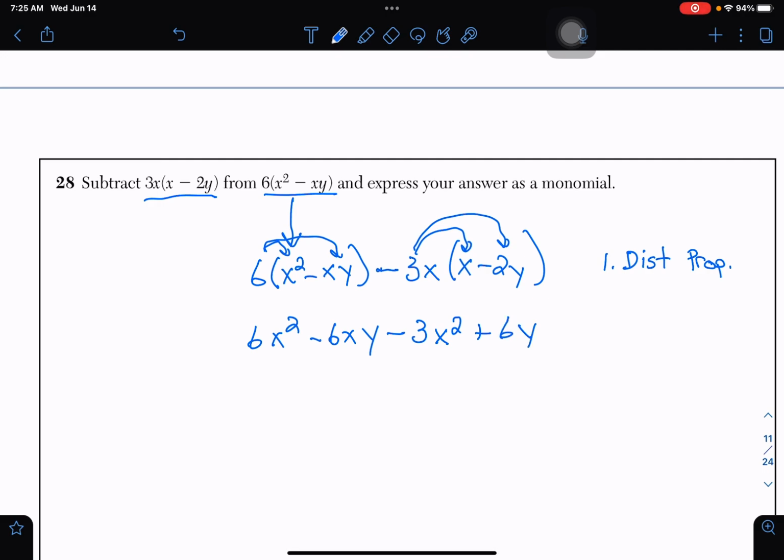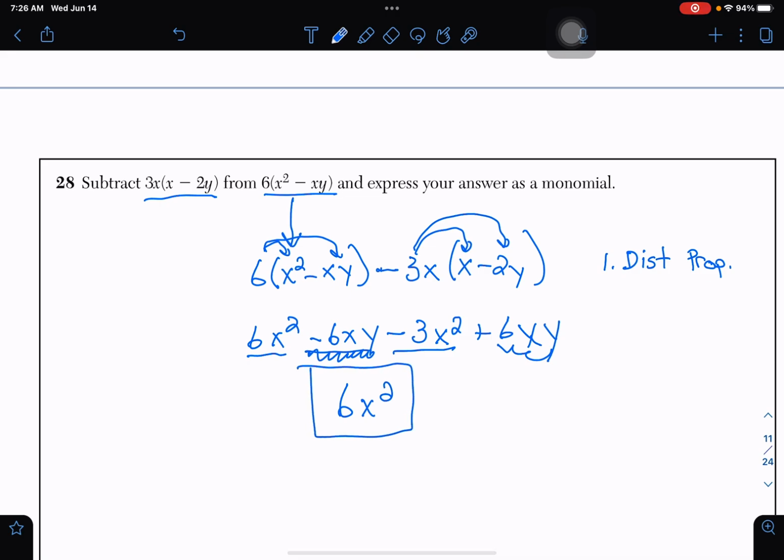Okay? And then we're going to combine our like terms. So we have 6x squared and minus 3x squared becomes 3x squared. And negative 6xy and positive 6xy is 0. So this is the final answer. All right.